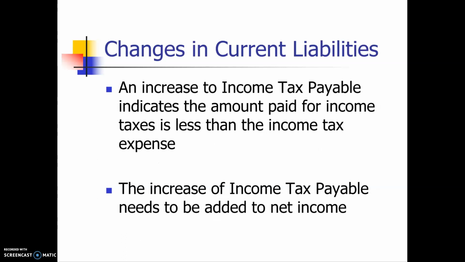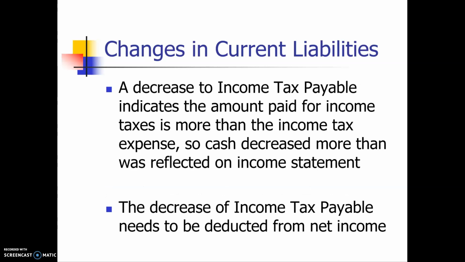An increase to income tax payable indicates that income taxes were increasing, so they were deducted on the income statement, but we have not paid the cash for it, we owe for it. So it made net income lower, but cash did not become lower, so we add that increase.